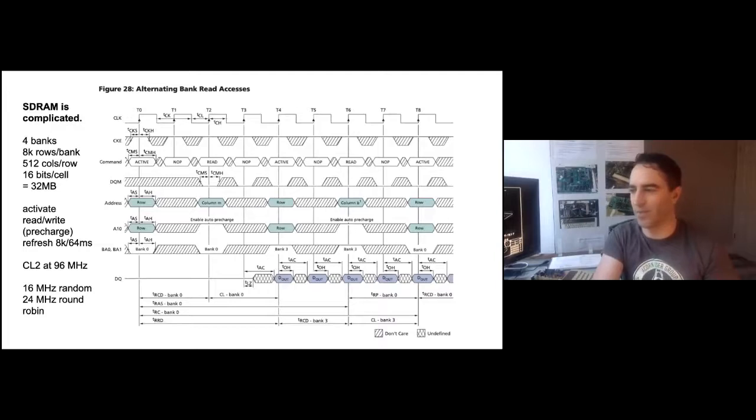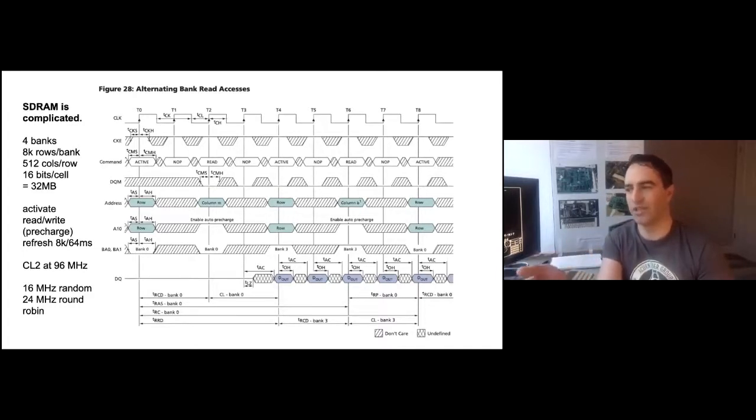I was talking to it at 48 megahertz at the time. I was using the code for 96 megahertz, but I was using a 48 megahertz clock. So you activate a row, and then you wait 2 clocks. Then you activate a column, wait 2 clocks, and then data starts coming out.